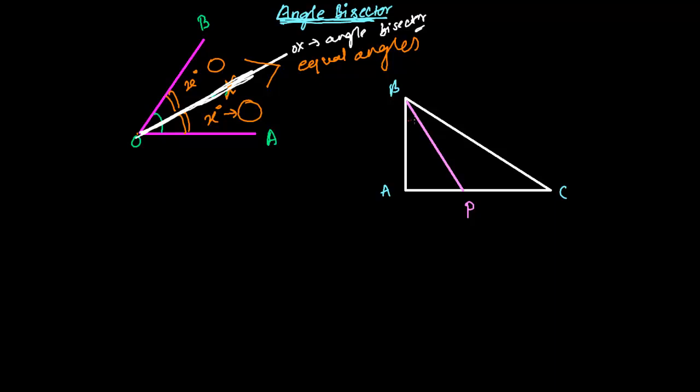It has to divide the whole angle B into exactly two equal halves. Exactly two equal halves means this angle should be exactly equal to this angle. Then in that case I can say that my BP line is the angle bisector of angle B. So BP will be the angle bisector of B.